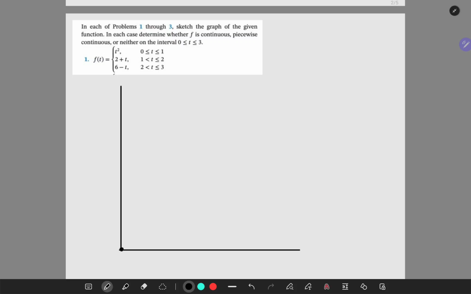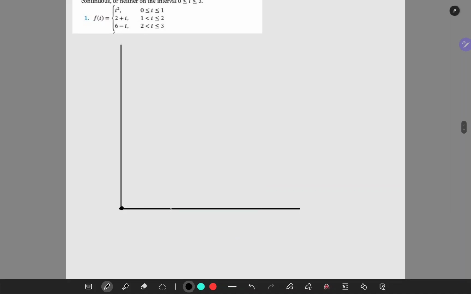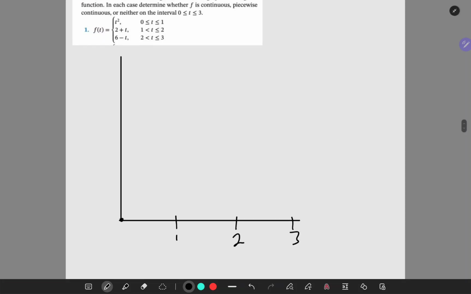So let's go ahead and graph the function like it asks us. So t squared from 0 to 1. Oh, it's just like we just did, right? That was awful. That's better. T squared from 0 to 1. Now we have 2 plus t from 1 to 2.